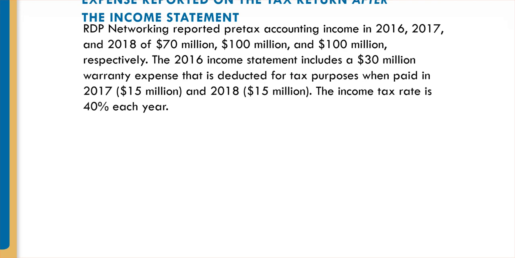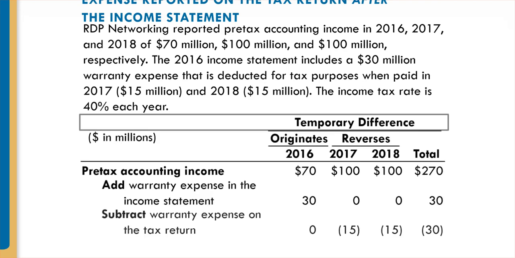So there is going to be a situation where we need to put a plus in between to get us from pre-tax accounting income to taxable income. Does this go away? Yes, it should go away. And they're going to simplify again by making it 40% each year.